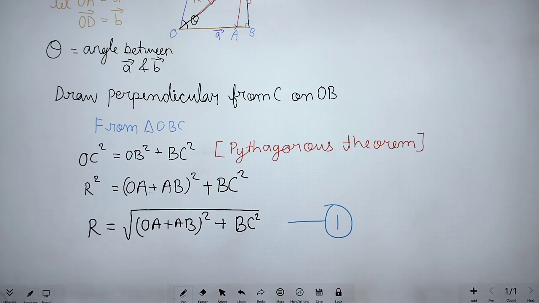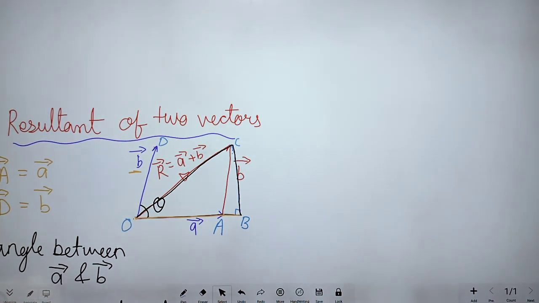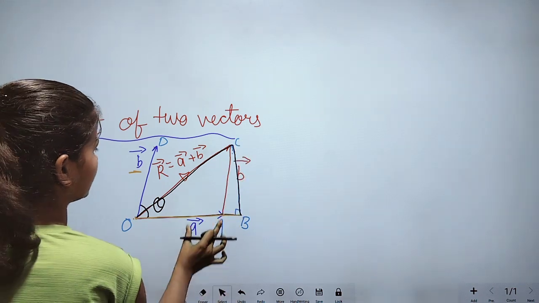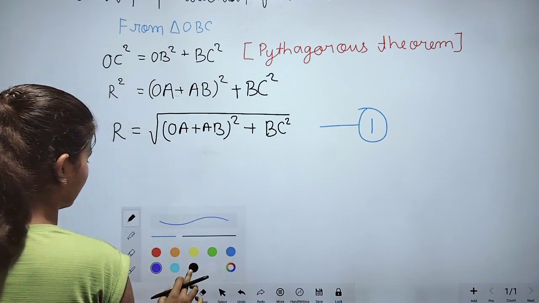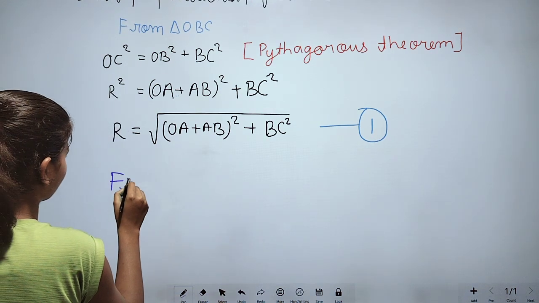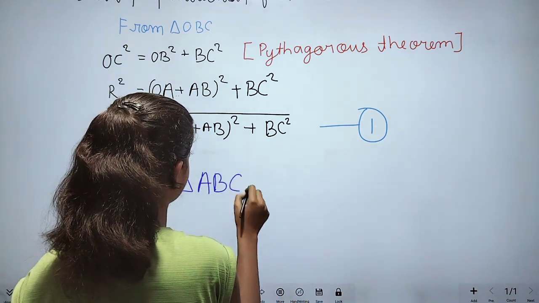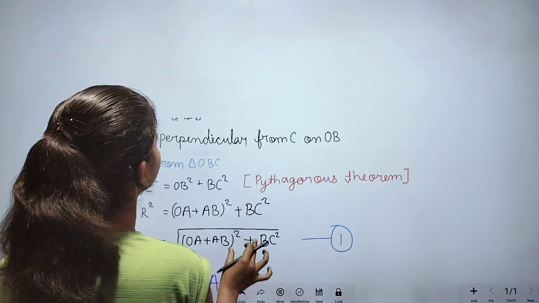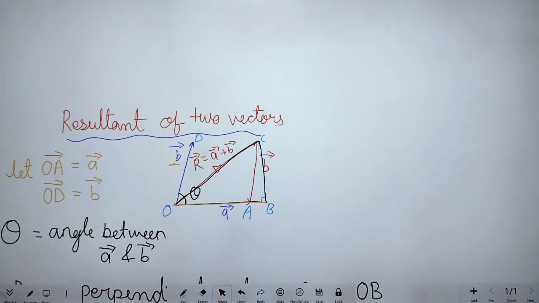And now from triangle ABC, we know that sin theta is equal to perpendicular by hypotenuse.